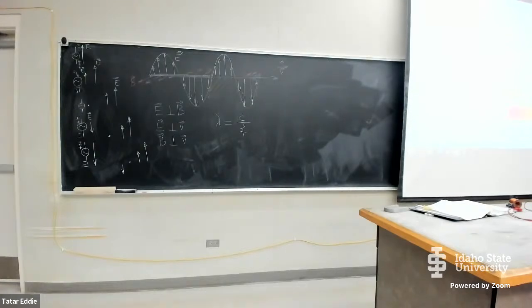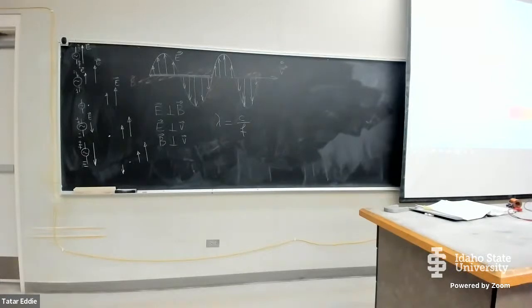Wavelengths between those we perceive as yellow, green, blue, the visible part of the spectrum. Wavelengths that are shorter than 400 nanometers, well, they are ultraviolet. And you can divide the ultraviolet part of the spectrum into A, B, C if you want. After that, shorter wavelengths are X-rays, and even shorter wavelengths we call gamma rays.